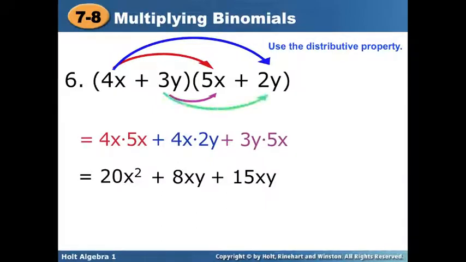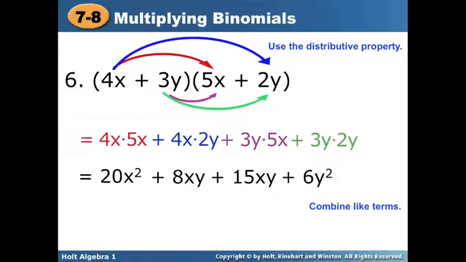Finally, 3y times 2y, 3 times 2 is 6, and then y times y is y squared. Be especially careful with this last term. I see many students leaving off the exponent, which causes them to miss the problem.